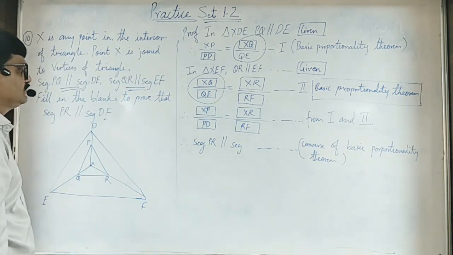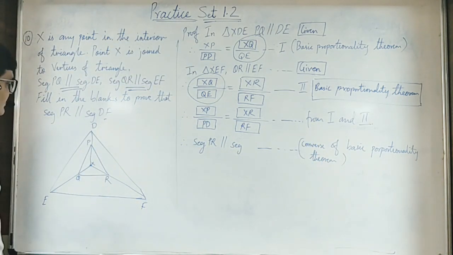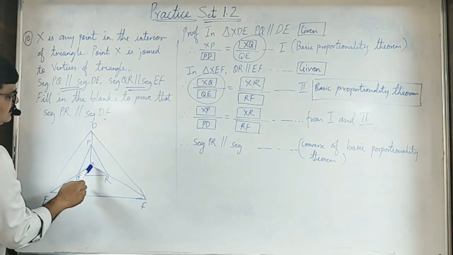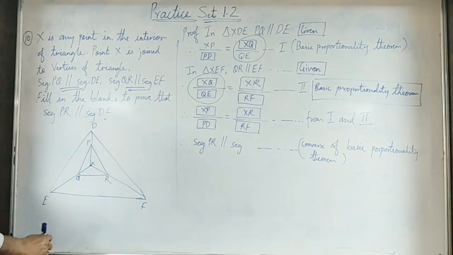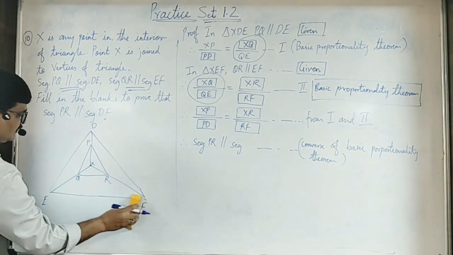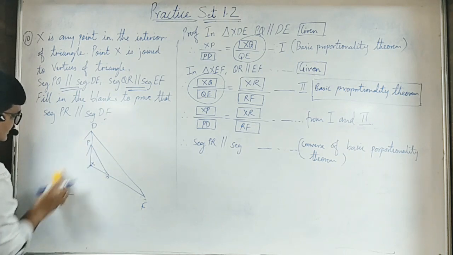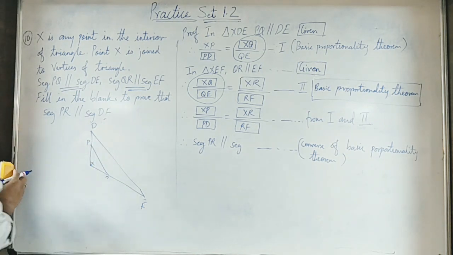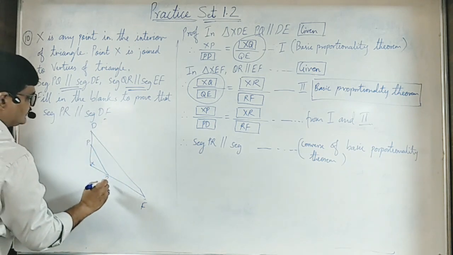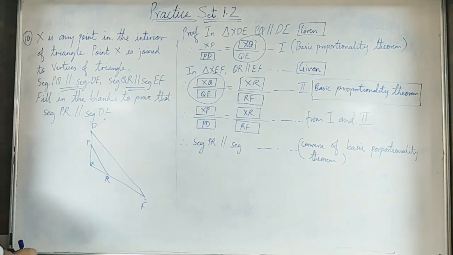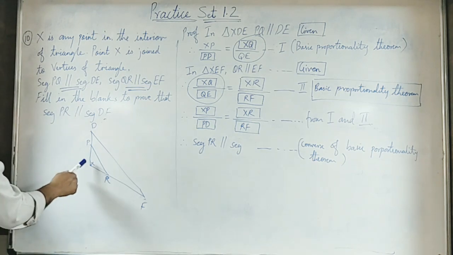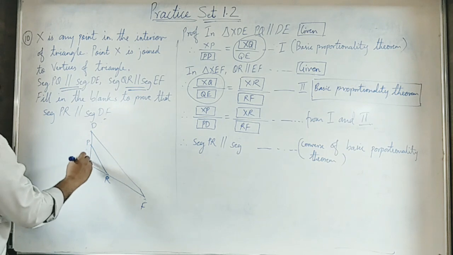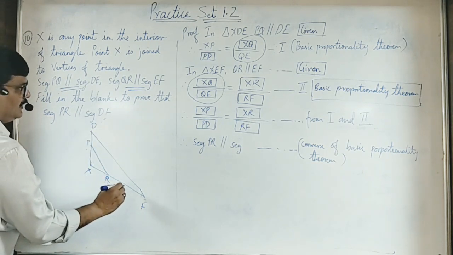It is written over there. So let's come to this triangle. XP upon PD is equal to XR upon RF. If I come back to this triangle, in triangle DXF we have proved that XP upon PD is equal to XR upon RF.